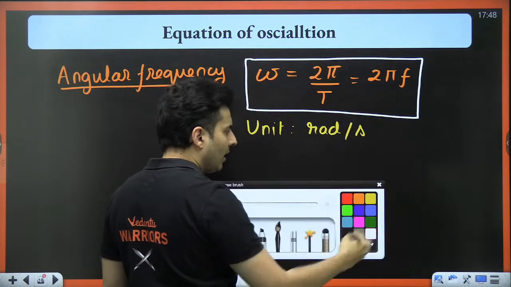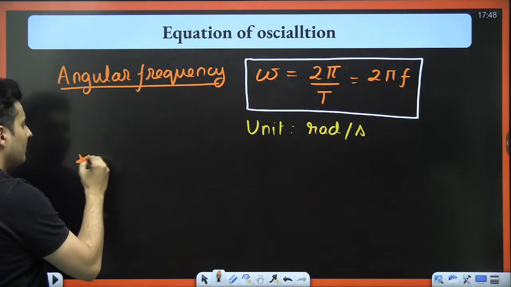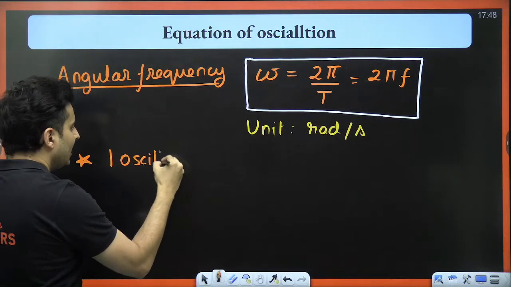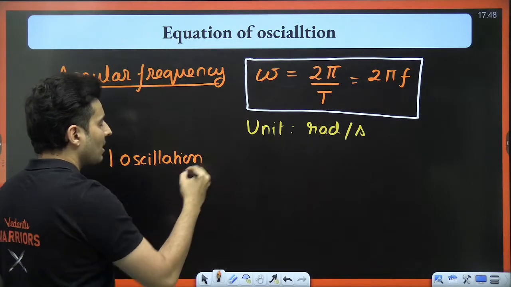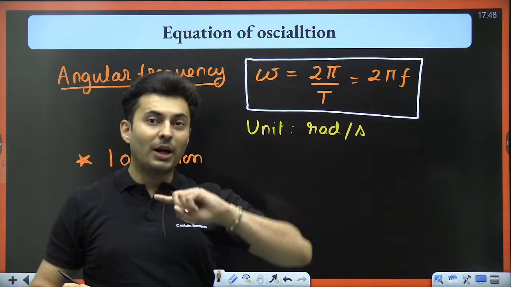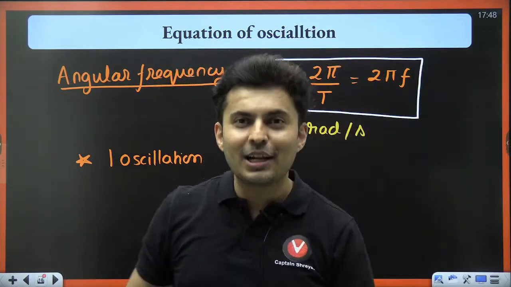What does this angular frequency exactly denote? It so happens that we always associate one complete oscillation, I go there and come back, with one complete round.